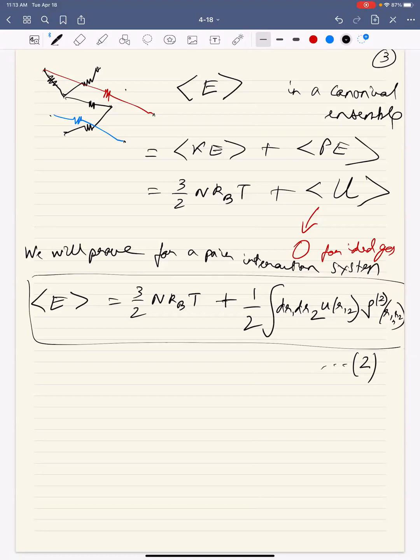Rho 2 was the probability density of finding any two particles at R1 and R2. So this is the energy if you had two particles separated by R1 and R2. And this is the probability of finding those two particles separated by R1 and R2. And this accounts for the double counting. If you did not have half, you will cover everything.